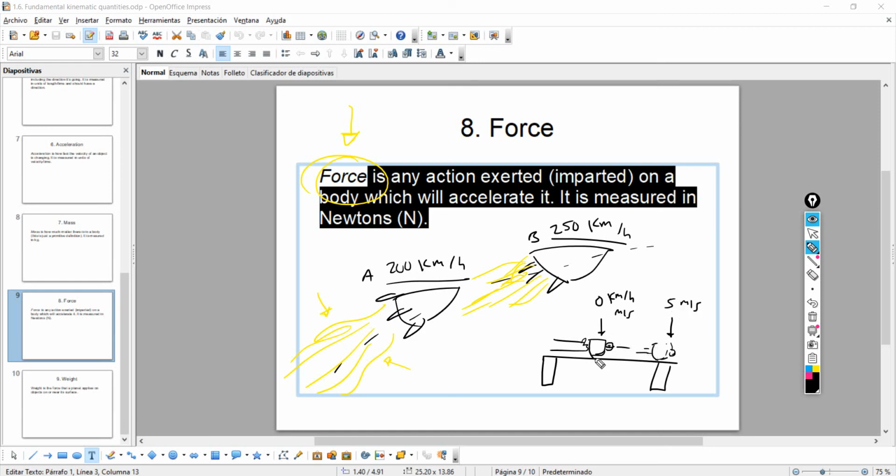And what that tells me is that this body experienced a force. In this case, what caused this force? Well, my hand. So basically, when you apply a force on an object, you're going to accelerate it. That's the consequence of applying a force onto something. You will accelerate that something.